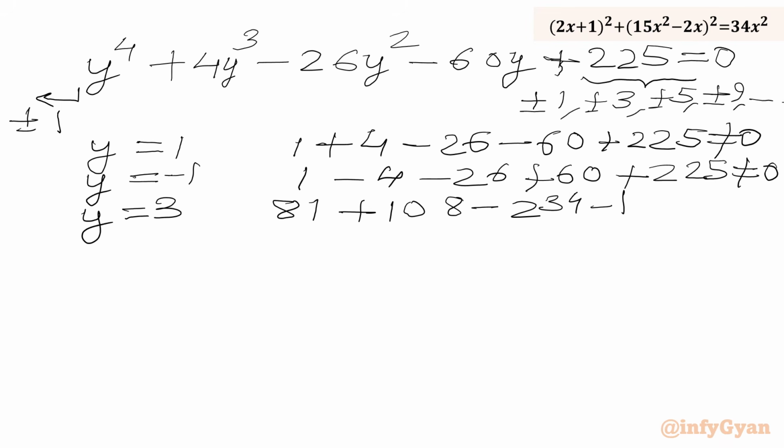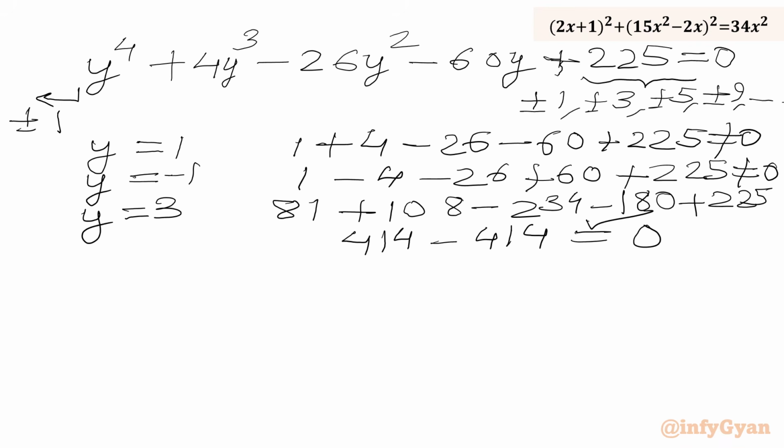Then we'll get −180. Then we'll write 225. If we add all the positive numbers, we are going to get 414, and the negative numbers will give us −414. So yes, this is satisfying our equation. y equal to 3 would be our base solution.